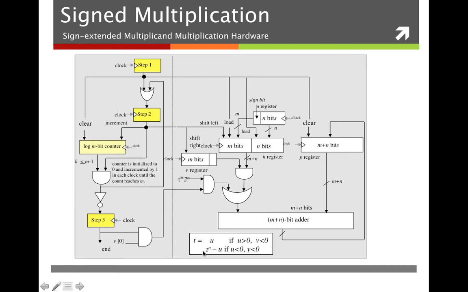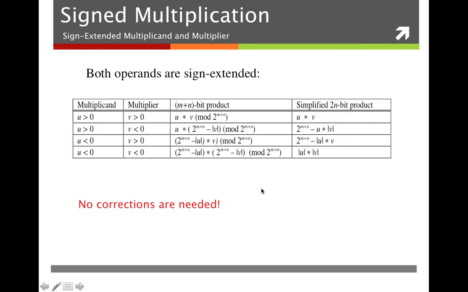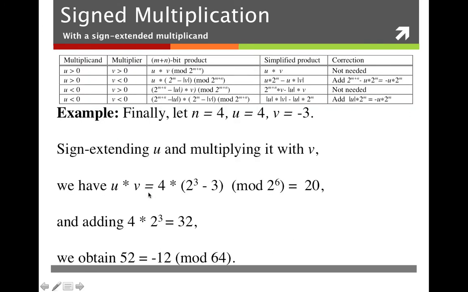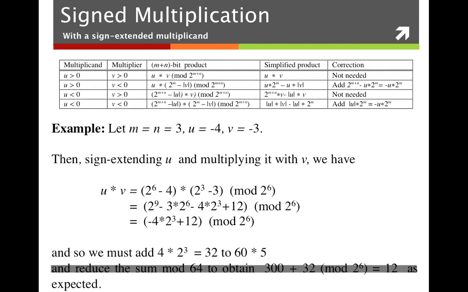So you set t equal to this, and those are the corrections that you have to perform in this situation. So this circuit simply simulates what we said we would do in the case that we sign extend the multiplicand, but don't sign extend the multiplier.